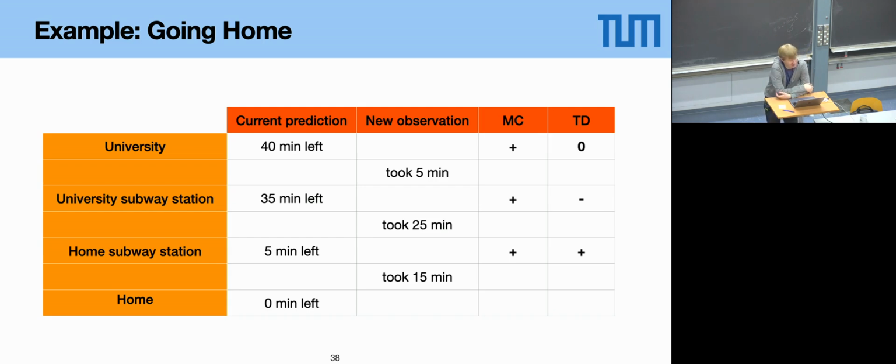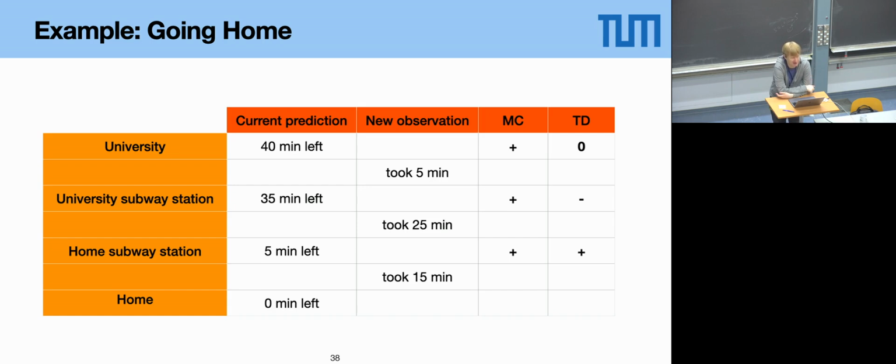So we are at the university and our model says there are 40 minutes left, and then we walk to the subway station and the model says there are 35 minutes left. And our observation is it took us exactly 5 minutes. So how does Monte Carlo process this information? At the moment, Monte Carlo does nothing, because remember, Monte Carlo requires complete episodes, so it cannot do anything yet.